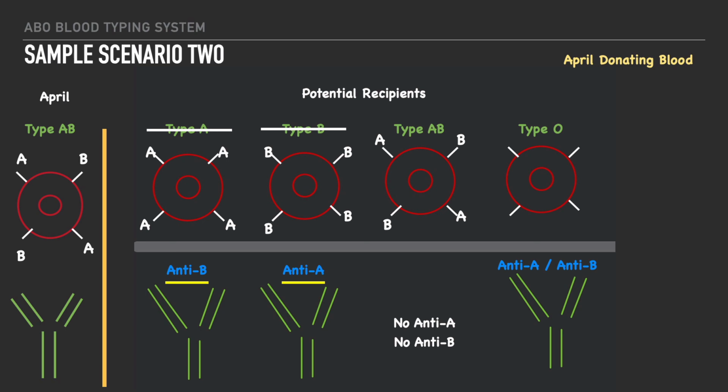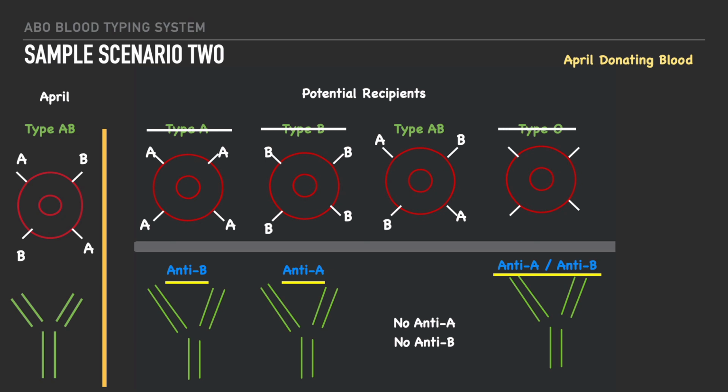Now, last on our list is type O blood, and this individual has anti-A and anti-B antibodies. And so their immune system would attack any blood cell that has an A or B antigen on its surface. And so because of this, the individual with type O blood could not receive blood from April.